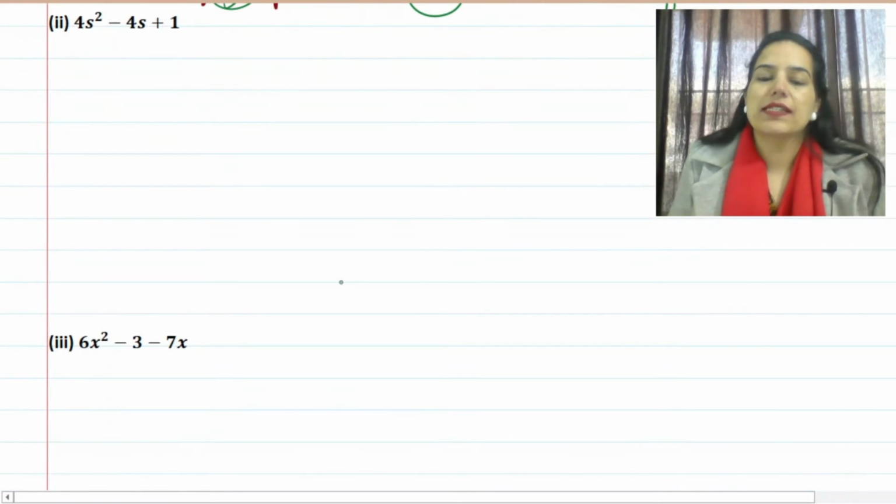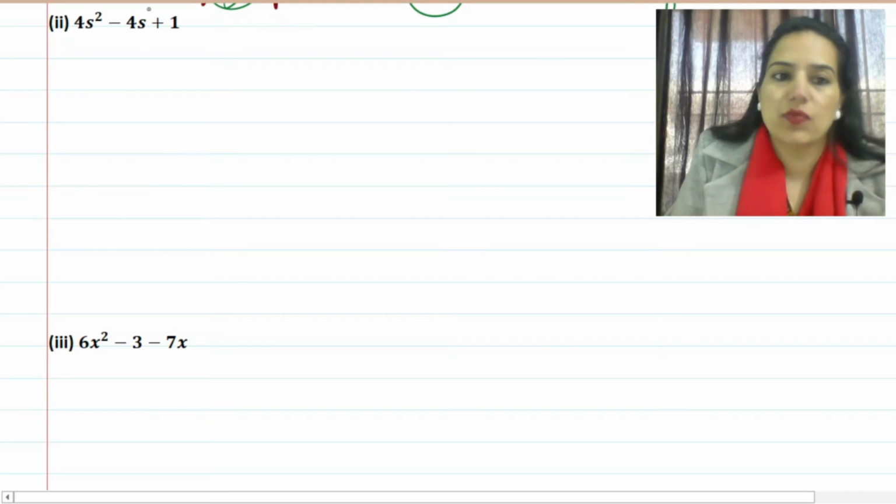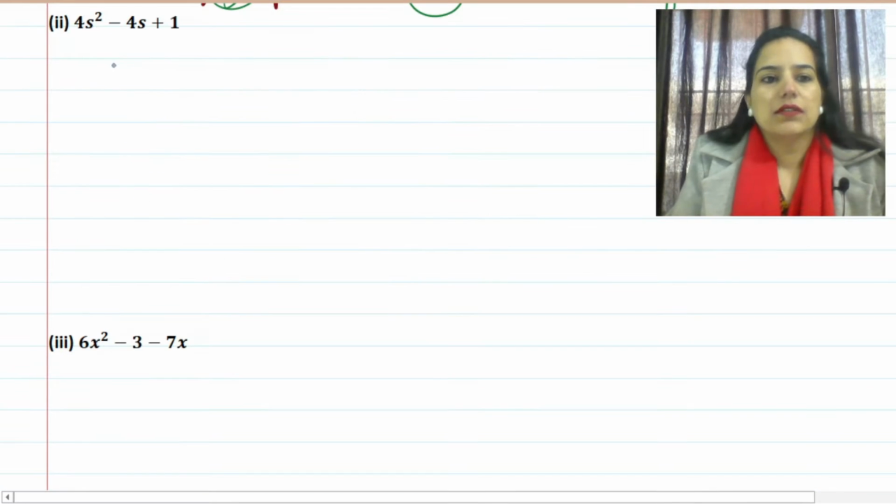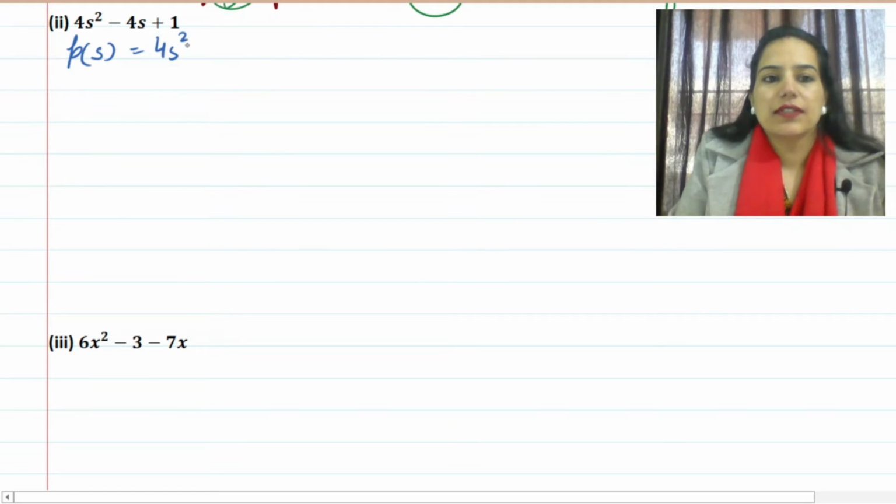It is 4s square minus 4s plus 1. To find the zero, I will name it p(s), not x, because we have s as the variable given, and then we put p(s) equal to 0.